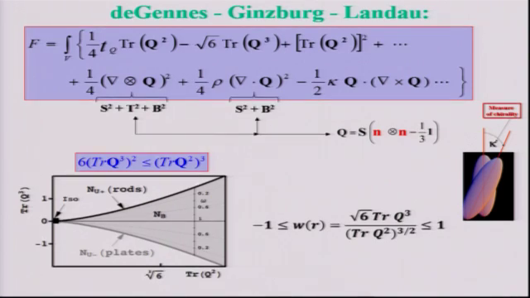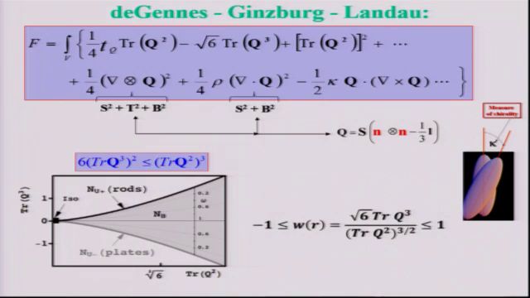But there will be some degeneracy. Namely, the gradient of Q gives us splay, twist and bend weighted with the same elastic constant. The divergence of Q would produce only splay and bend. And that will matter a little bit in our discussion.